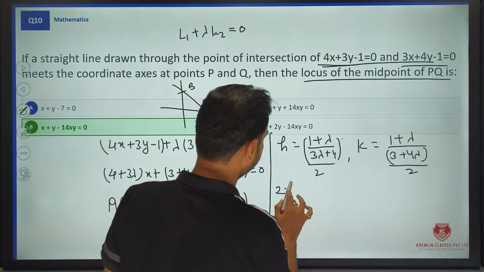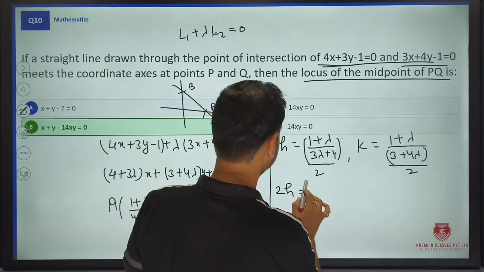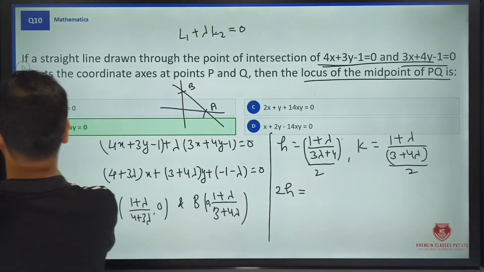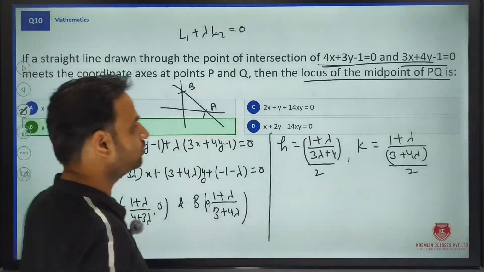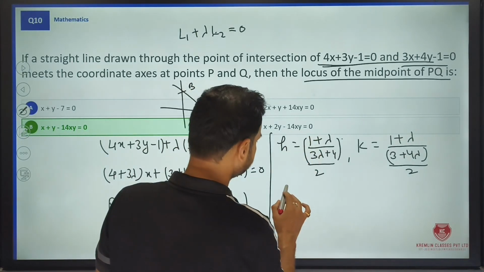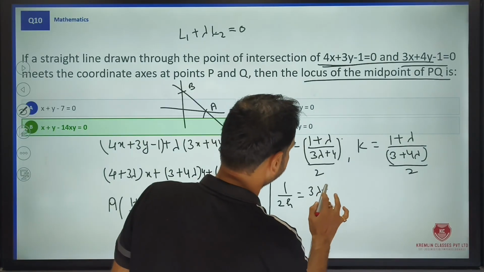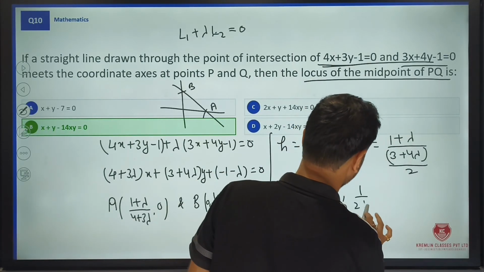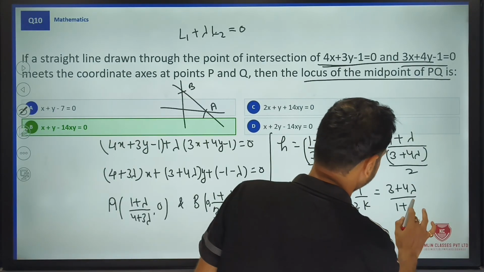So it will be 2h equals to this one and 2k equal to this one. So what we are seeing, I can write it directly. We see that 1 plus lambda is common, so we have to reverse it. 1 by 2h will be given by (3 lambda plus 4) upon (1 plus lambda), and 1 by 2k equal to (3 plus 4 lambda) upon (1 plus lambda).